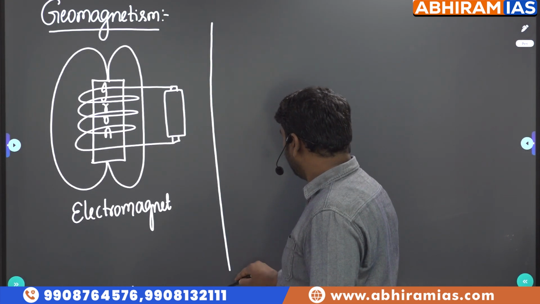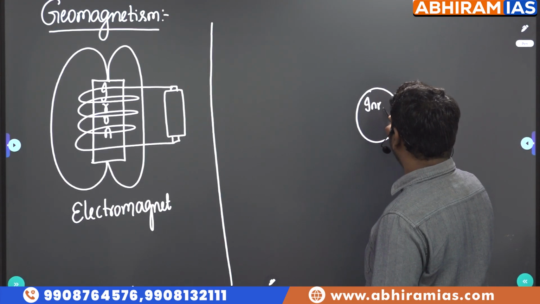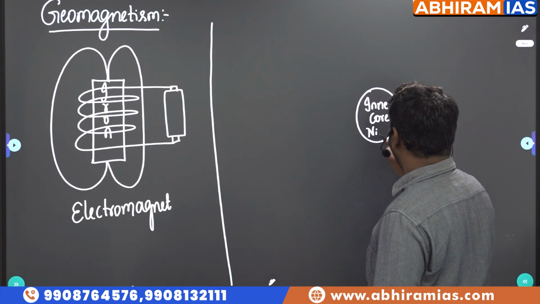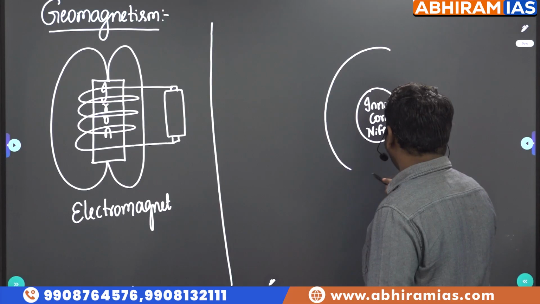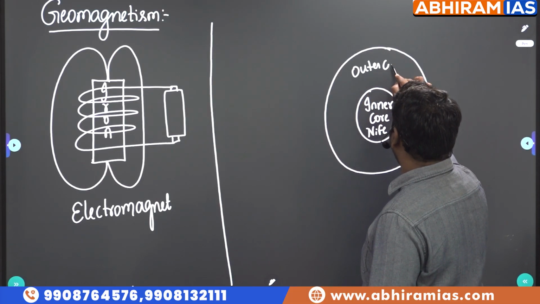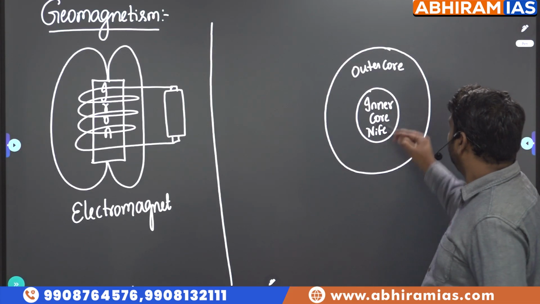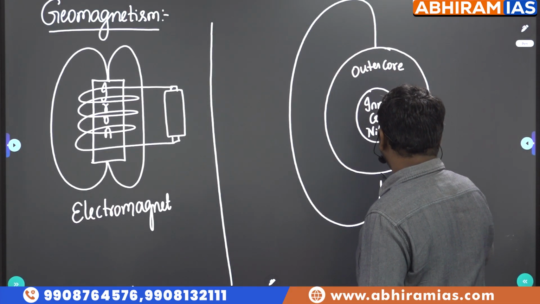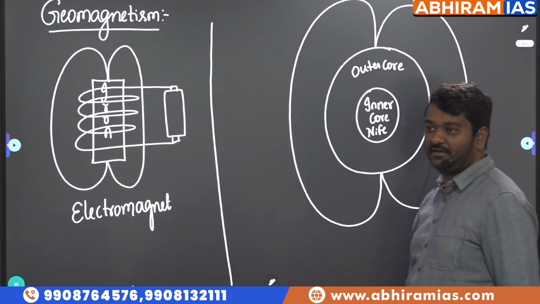In the same way, if we consider the inner core, it is made up of nickel and iron, and around it you will have the outer core. The outer core is mostly in liquid form. The interaction between the inner core and outer core has led to what we call the geomagnetic field.